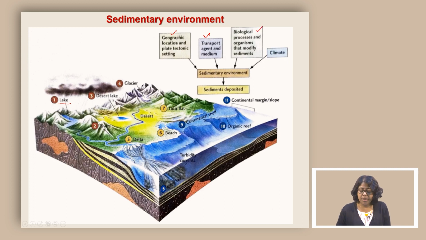Biological processes that are operating in those areas, as well as organisms that are living in those places and how they modify the sediments, are also going to impact the final rock product, and this we will know from fossils.